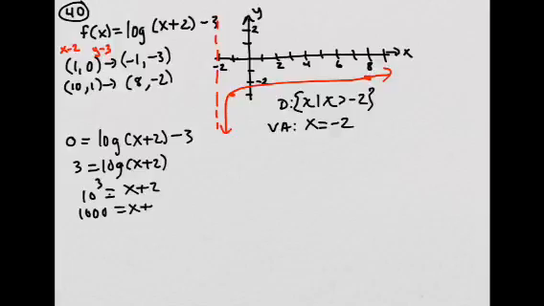We're going to subtract 2. So 998. So the x-intercept, there's no way I'm going to show it on this graph, right? Because the x-intercept would be 998, 0.